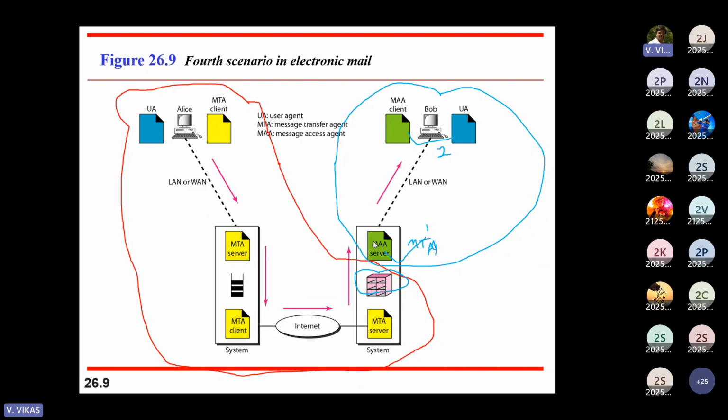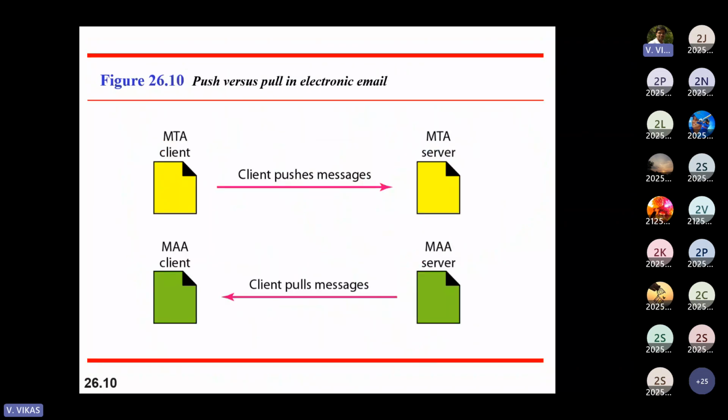As we discussed, the reason we go from message transfer agent to message access agent is that the MTA is designed only for pushing messages, but the MAA is designed for pulling messages. And why are we not considering a server at the receiver side? If we did, we would have to make sure the server is working 24/7.